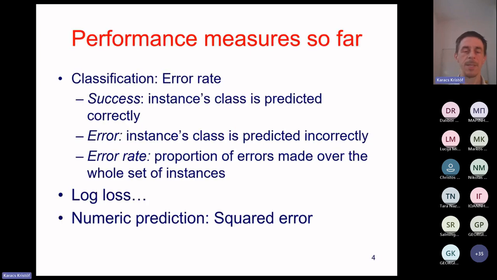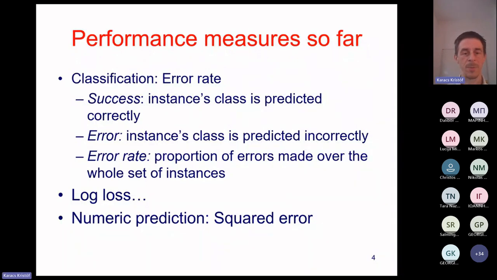So some of the evaluation metrics have been already shortly touched upon, and these include error rate, for example, which you have seen for different models.